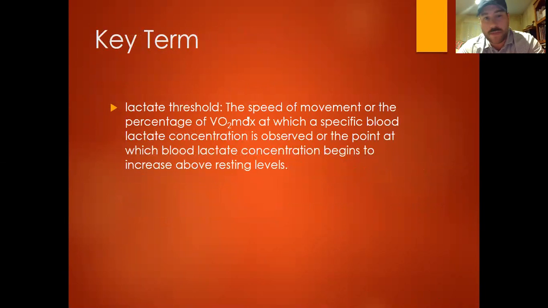So just like I started to mention already, the lactate threshold is the speed of movement or a percentage of the VO2 max at which a specific blood lactate concentration is observed, or the point at which blood lactate concentration begins to increase above resting levels. If you remember ex-phys, or even when we started talking a little bit of bioenergetics, what we saw is that as intensity increases, blood lactate is pretty level for the most part.